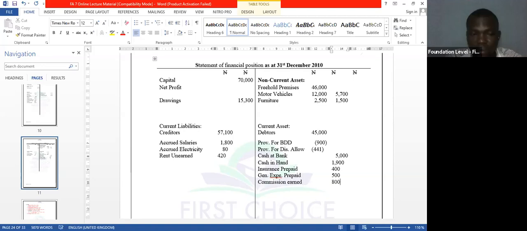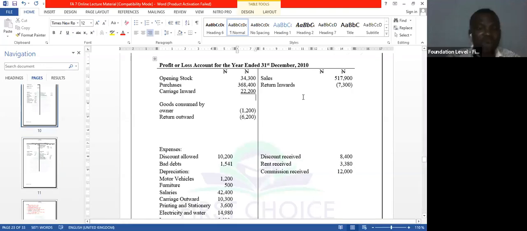Now, once we are done with that, the next is to start our calculator. Let's start with opening stock plus purchases plus carriage inward.